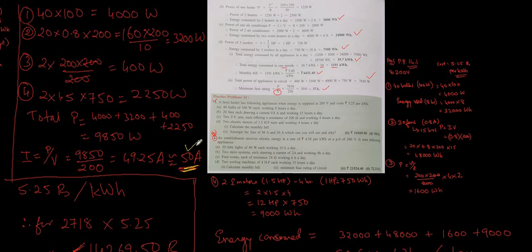So we will be selecting 50 ampere because 48 ampere will be very less. The energy consumed by the appliances is more, so the current is about 50, which is more than the 48 amperes.